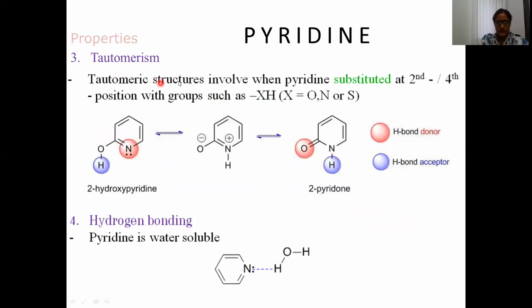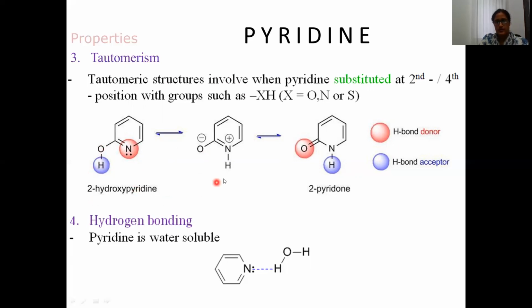The next property is tautomerism. For the tautomerism of pyridine, one condition is required: if the pyridine is substituted at the second or fourth position with a group like oxygen, nitrogen or sulfur, then it may be possible to form tautomers. Look here, one oxygen is present over here, so it is ready to undergo the protonation process.